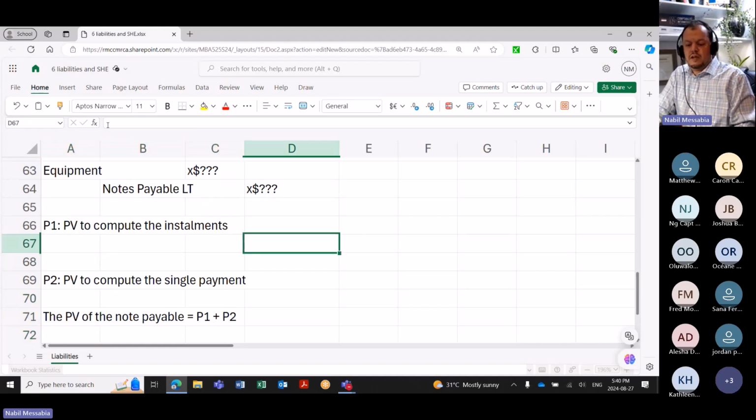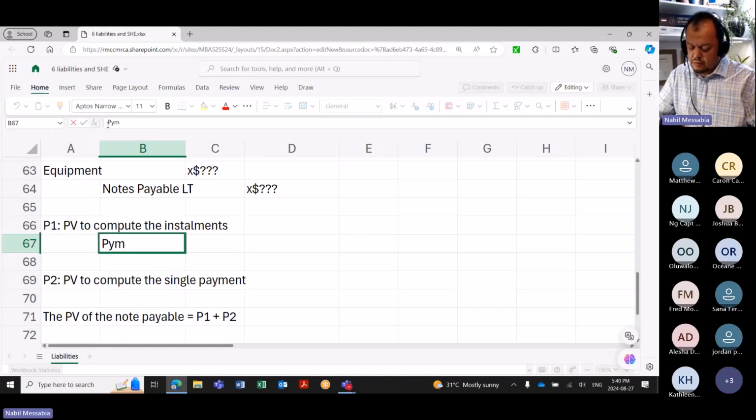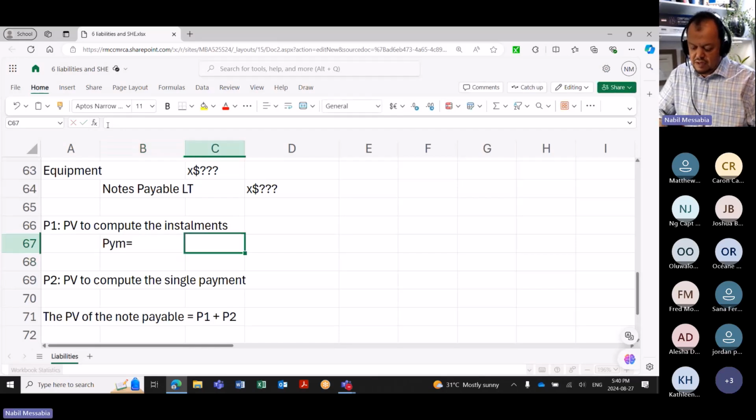So for the first one, payment is equal to 35,000. I'm preparing the data so that Excel can make the calculation.